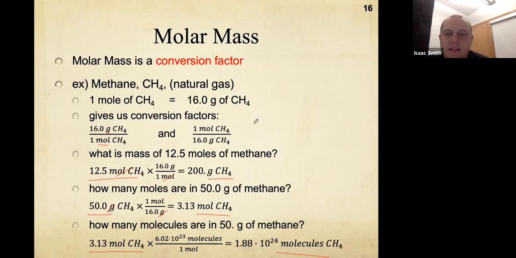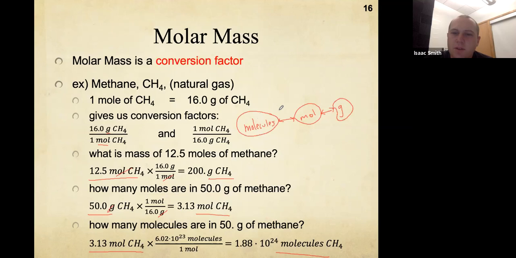Basically, I think the easiest way to look at this is, okay, so we can go from molecules over to moles, and we can go from moles to grams, okay? We can't really go from molecules to grams directly.